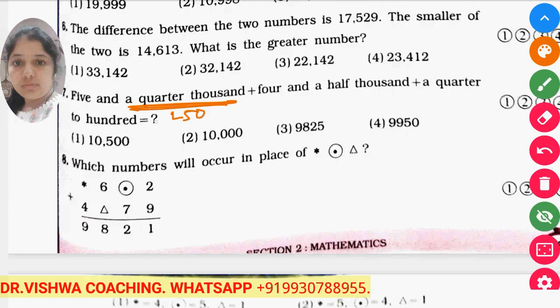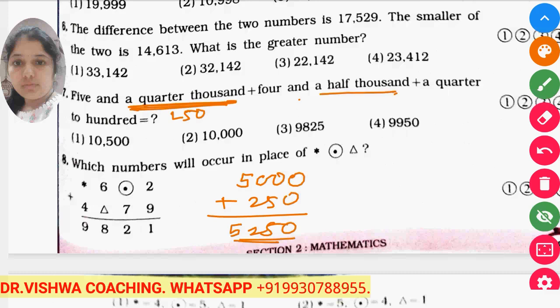Now 5 and quarter thousand means 5,000 plus this 250, means 5,250. Now 4 and half thousand. Half thousand means 500. So it becomes 4,500. And quarter to 100. Quarter to 100 means 25. So add all of them, you will get your answer.